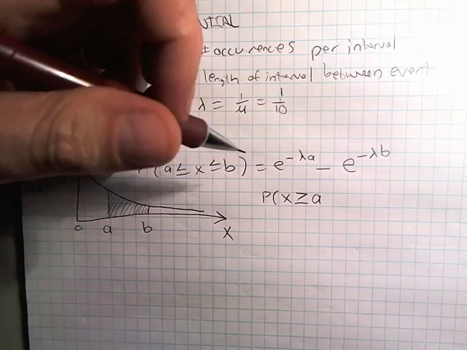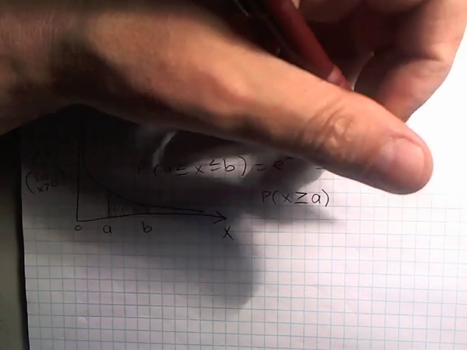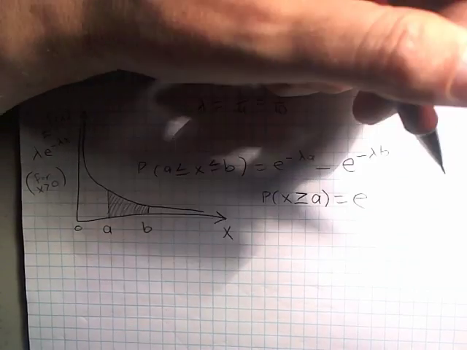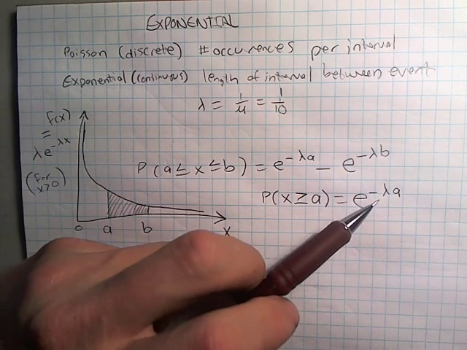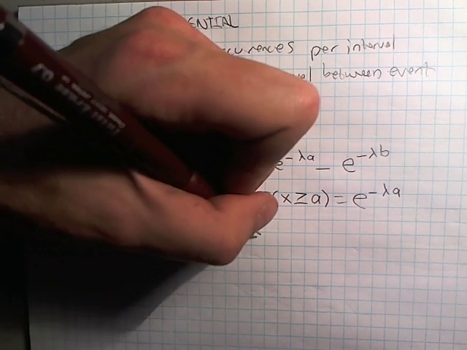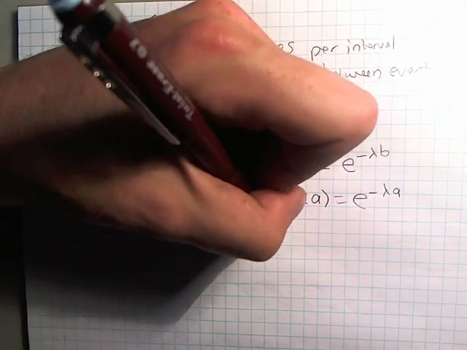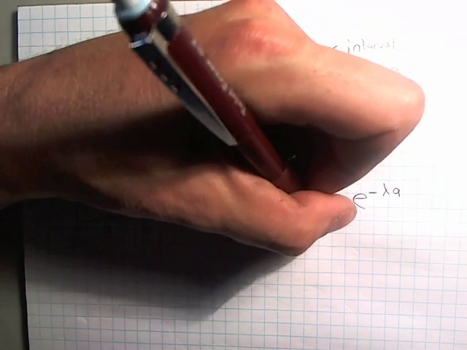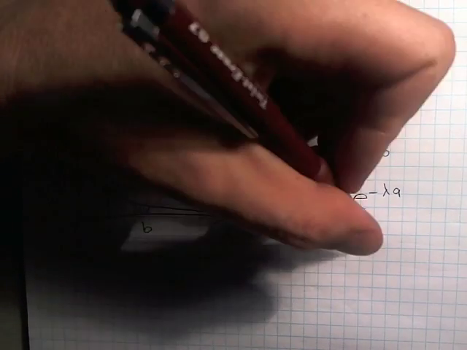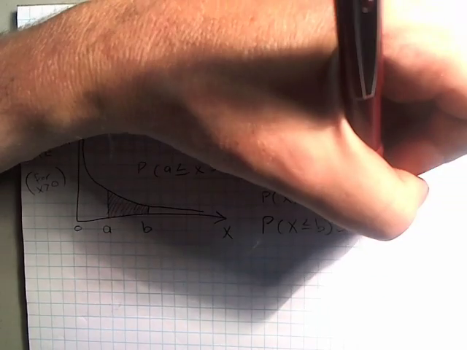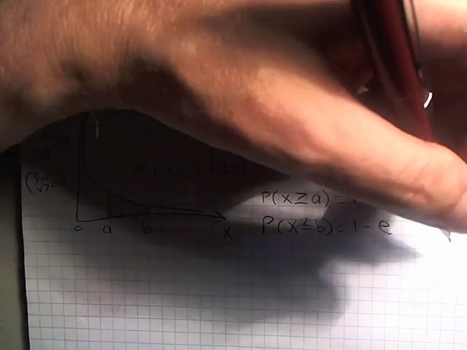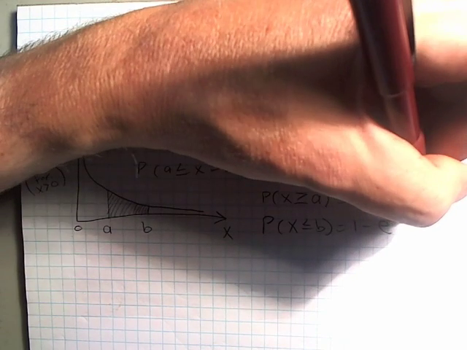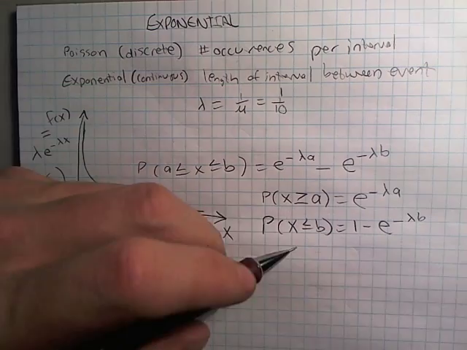If we are only computing the area greater than one boundary value, that would take the form of e to the negative lambda multiplied by a. If we're calculating the area less than a given x value, that would then be 1 minus e to the negative lambda multiplied by that x value.